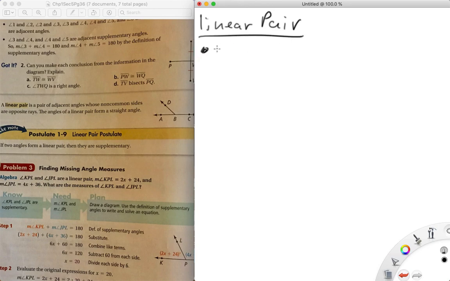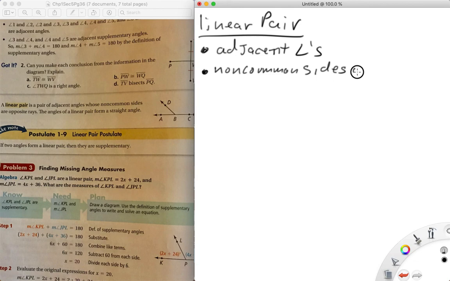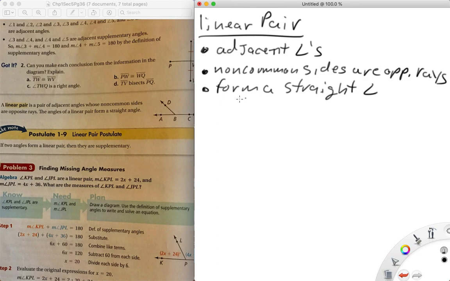They are adjacent angles, their non-common sides are opposite rays, and they form a straight angle. And that's the key one.